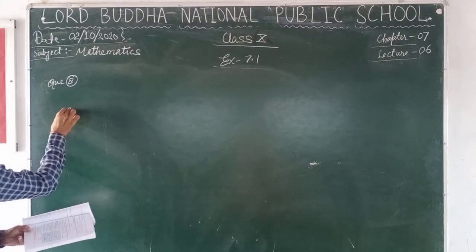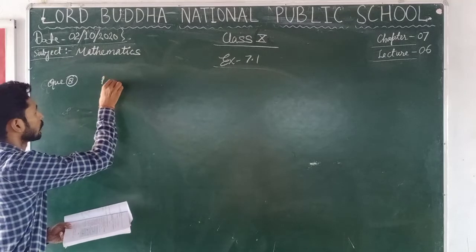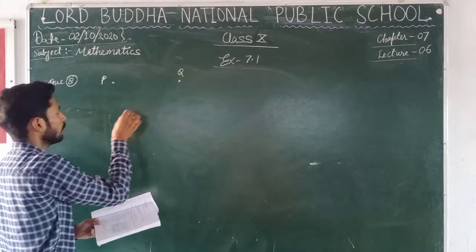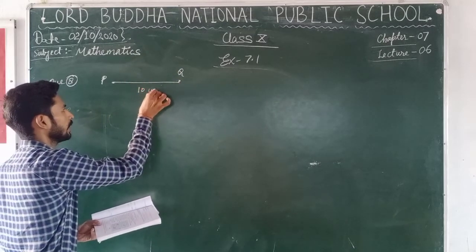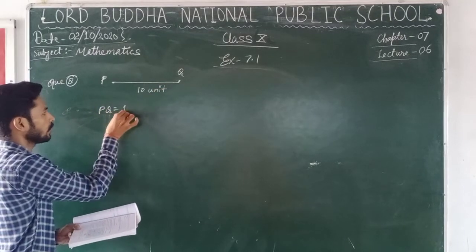So suppose the first point is P here and the next point Q is here, and the distance between these points is 10 units. That means PQ is equal to 10 units.